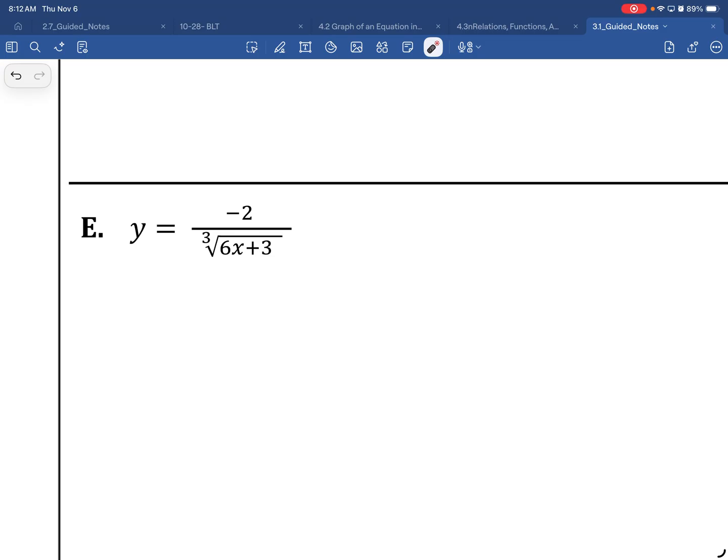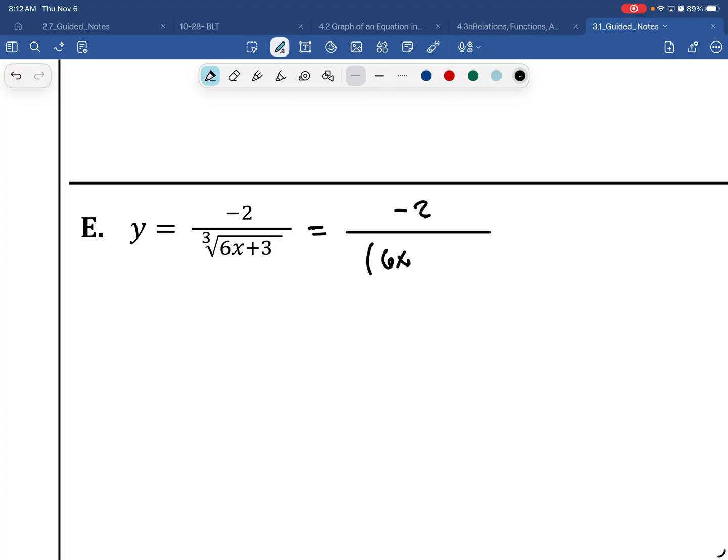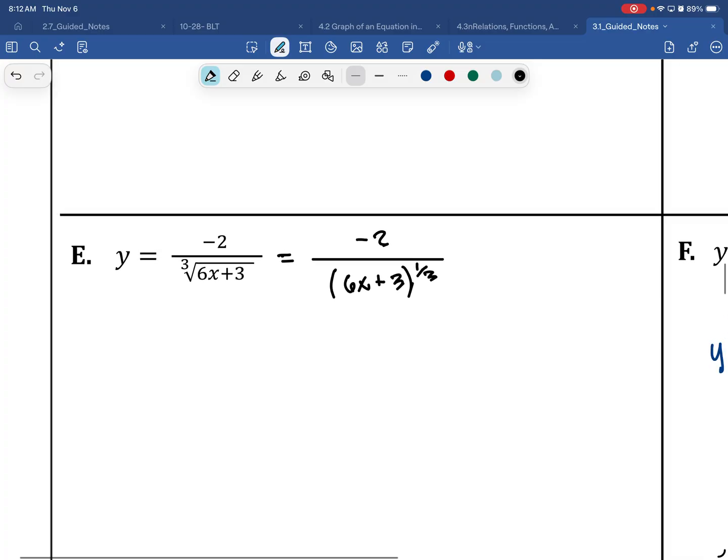Or you could rewrite this problem using negative exponents. Here's the rewrite with positive exponents. That cube root is just a 1/3 power. I'm like, still doing quotient rule, not really feeling it, Mr. Dubose. So here's the rewrite.